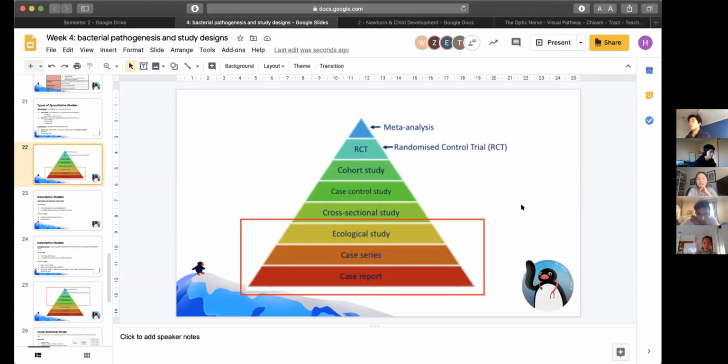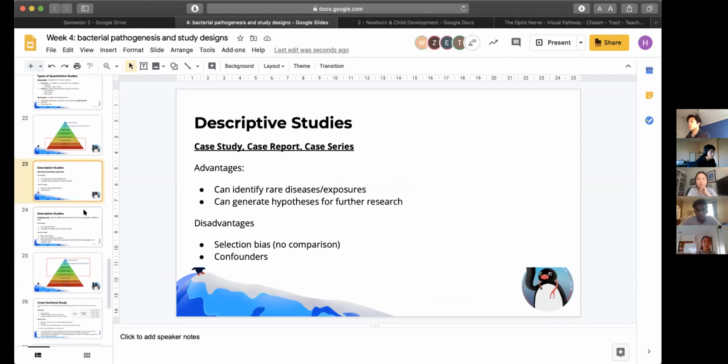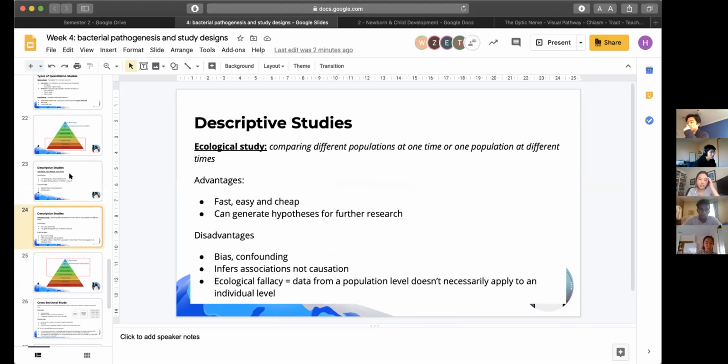Basically we don't want to use these because they're not very good. So these can be lumped into a category called descriptive studies, which is in the name, they're descriptive, right? So these are your case study, case report, or a case series, as well as, in the next slide, the ecological studies.